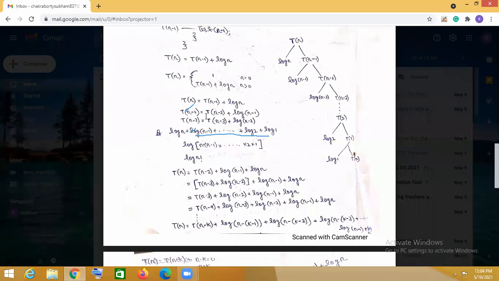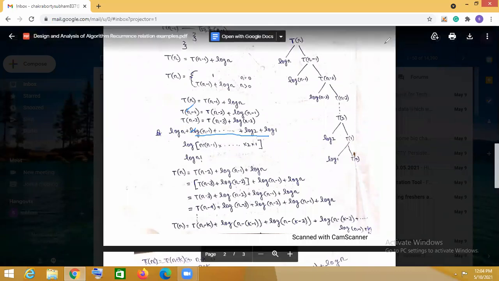If we place n minus 1 in place of n, then what will Tn minus 1 be? It will become Tn minus 1 minus 1, that is Tn minus 2. And in the log n term, n will be substituted and it will become log n minus 1.